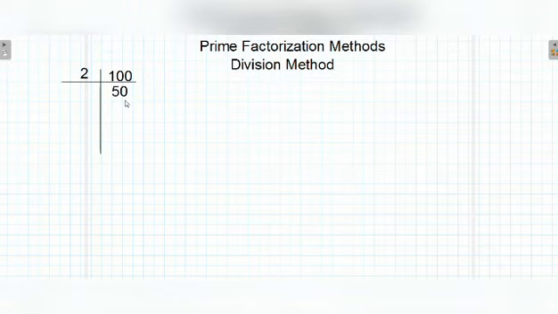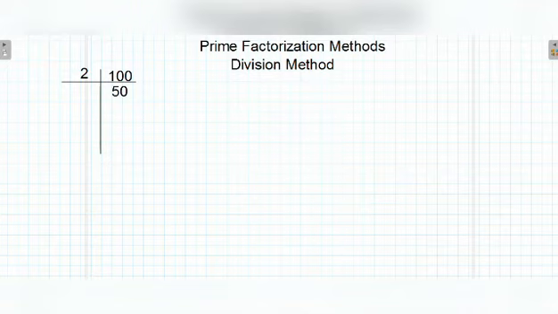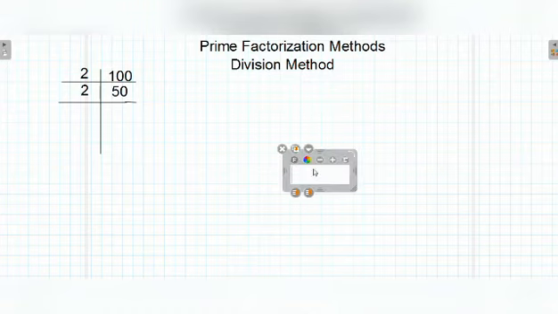50 is an even number and can also be divided by 2. Now 50 over 2 equals 25.